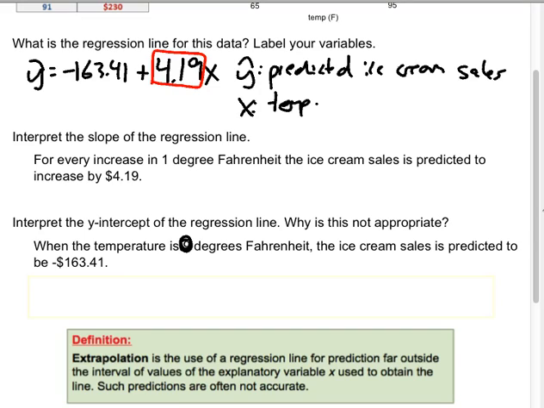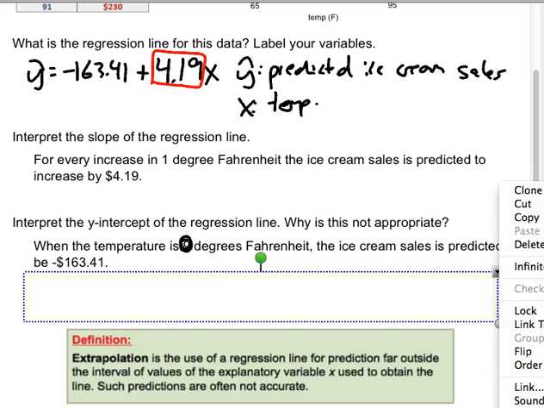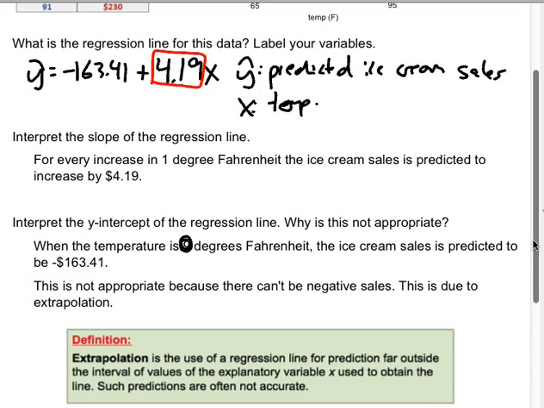Sales are predicted to be negative $163.41. That should strike you as a little weird, right? Is that possible? So here, what I want you to note is this is not appropriate because you can't have negative sales, okay? And this happens due to extrapolation, okay?